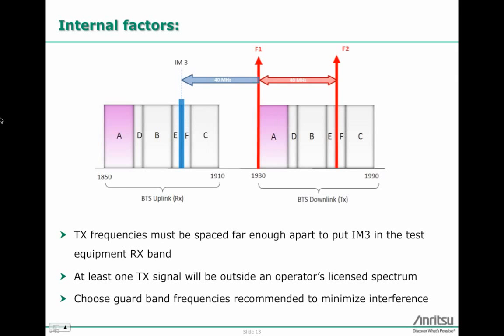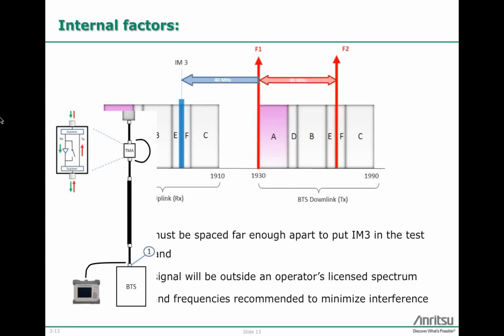So if I start moving F2 closer to F1, IM3 also starts to become closer to F1. So I physically have to space the two test frequencies far enough apart so that the IM3, which we've previously decided is the thing we're going to measure to standardize linearity measurement, falls within the receive bandwidth of the test instrument.